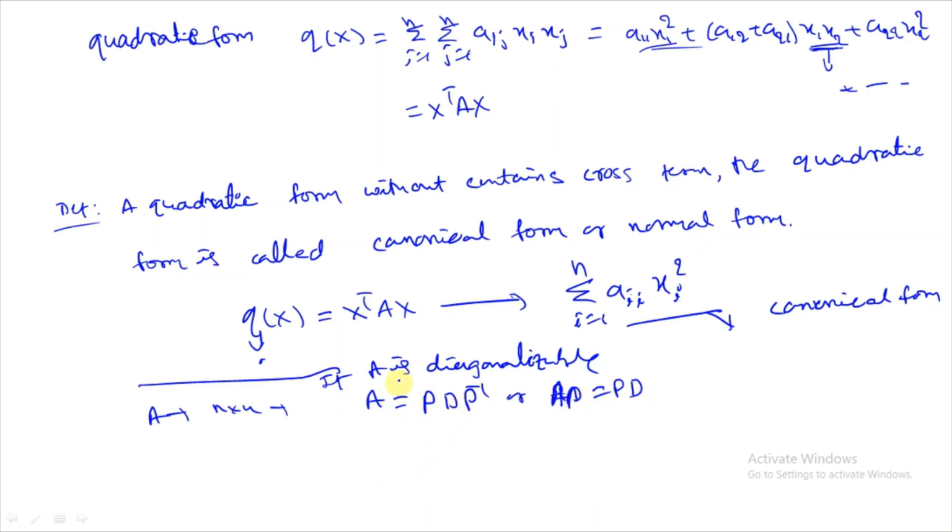Suppose A is a symmetric matrix. I already told you that if A is a symmetric matrix, the diagonalization is orthogonal diagonalization.